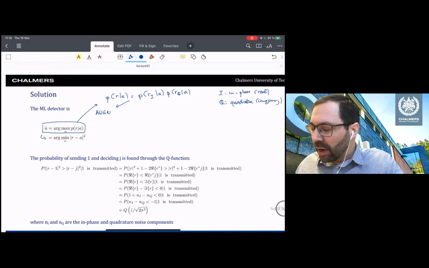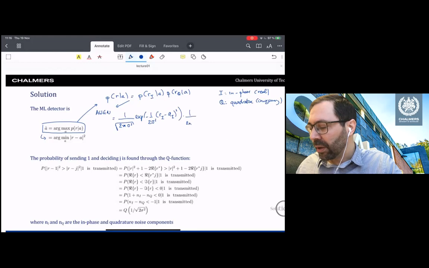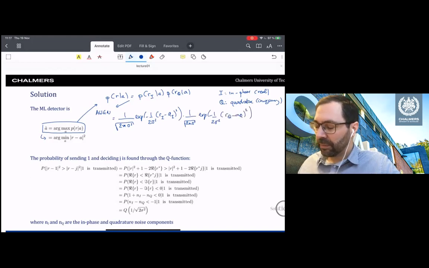Now each of these is Gaussian, so this will be 1 over square root of 2 pi sigma squared, exponential of minus 1 over 2 sigma squared, R_I minus the real part of A, so A_I, squared, times the other distribution, 1 over square root of 2 pi sigma squared, exponential, same thing, R_Q minus A_Q squared.